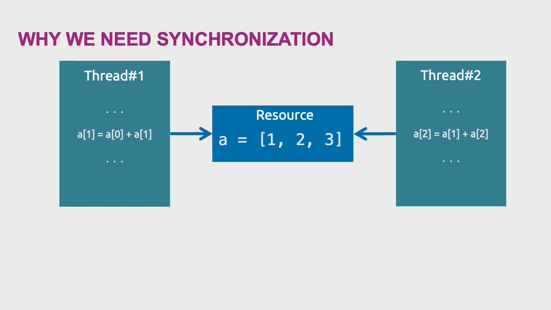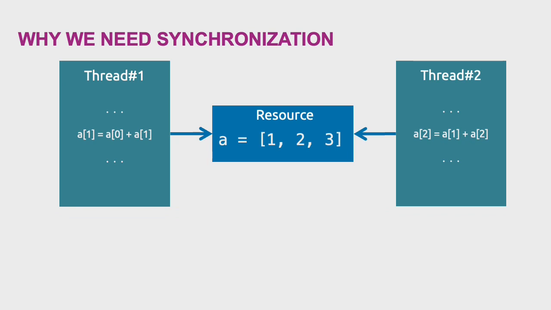But, well, it's not that simple. If I ask you what's the result of the execution of this code, it would be very difficult for you to provide me an answer. In fact, you have two concurrent threads, and these concurrent threads are operating on the same resource.